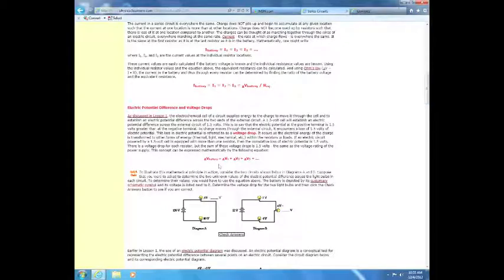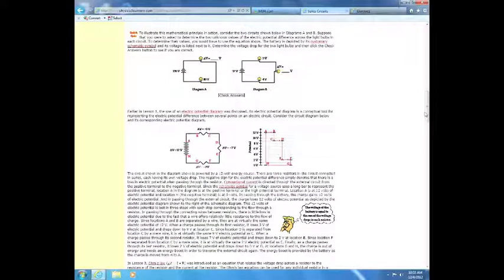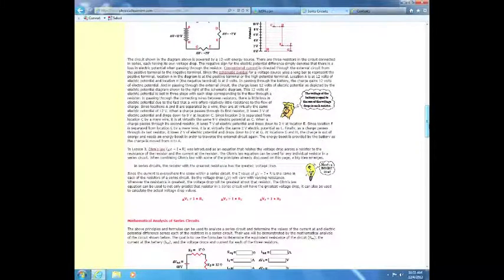Let's look at the equation for voltage. You can also add up voltage to get what the total voltage is. There's the loop for the series circuit. A lot of reading you can do about voltage.